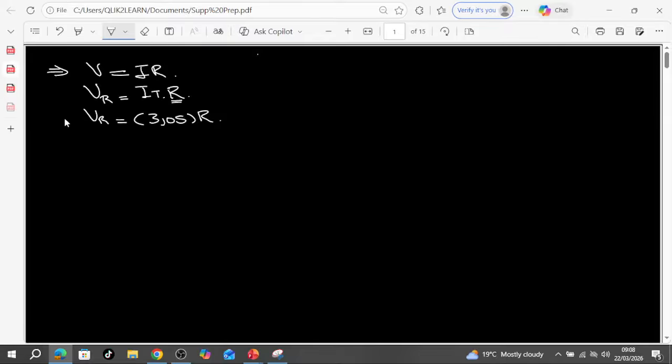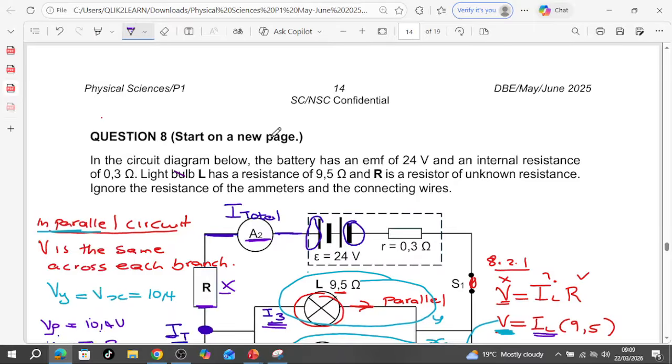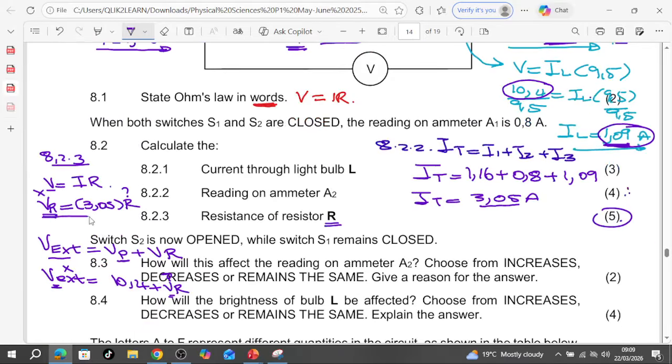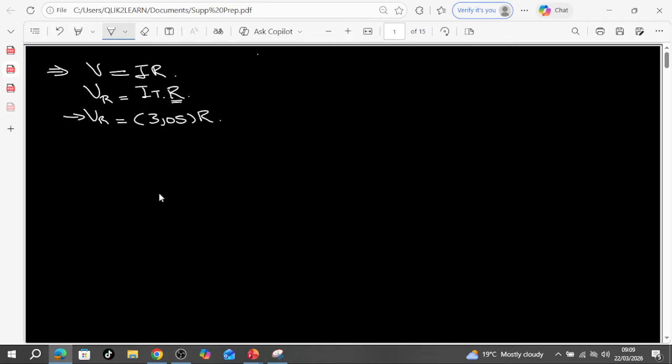So now when it's in this form, what do we do next? Let's quickly go back, and you see now, that's why I didn't want us to go from side to side. So far we have this, and then we don't have R. We are looking for R. Now we need to find the VR. And we said to find the VR, we'll use the external one. We'll say V external.